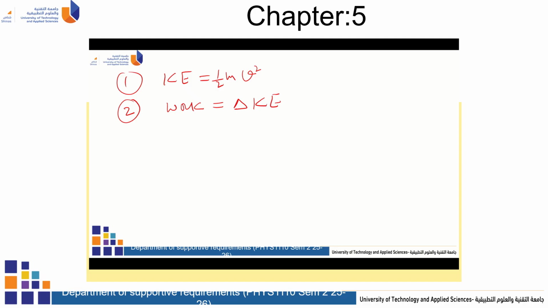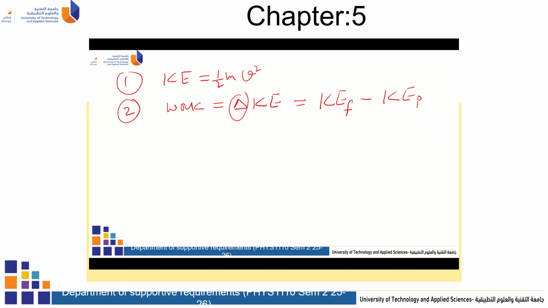Now if I open this delta, I can write it like this: the kinetic energy final minus the kinetic energy initial. This is the difference between the two kinetic energies, the final and the initial.